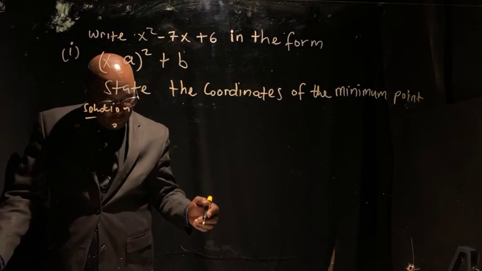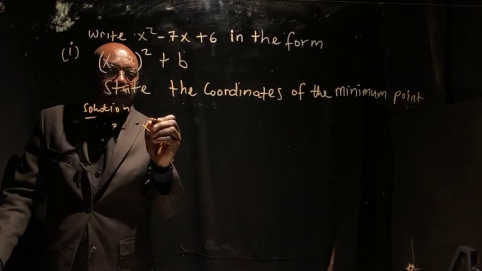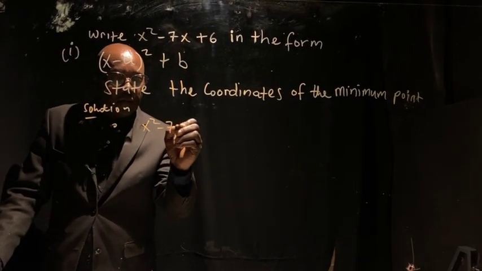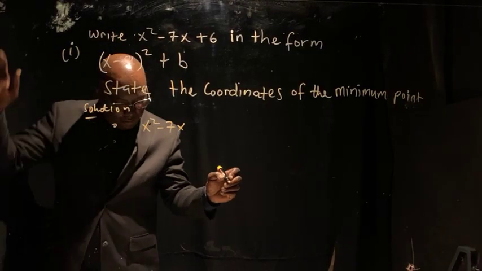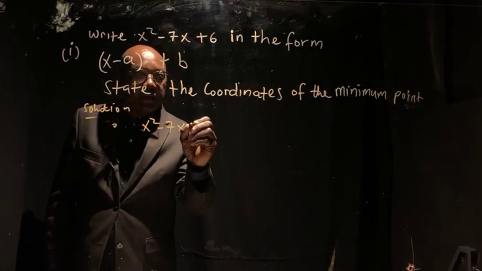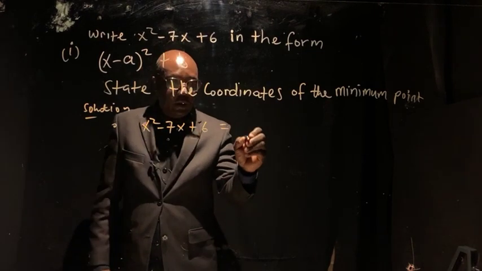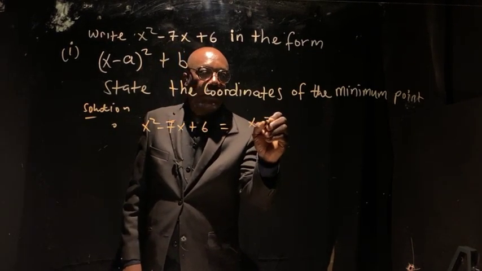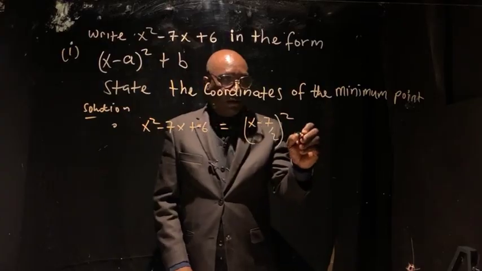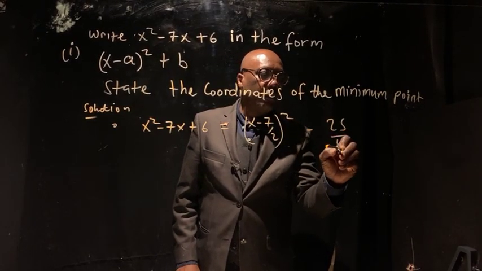Now, we see that x squared minus 7x plus 6 was equal to (x minus 7 over 2) squared minus 25 over 4.